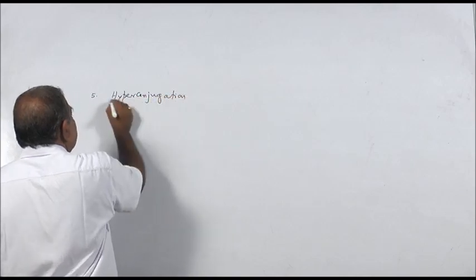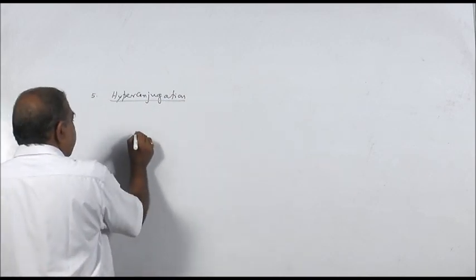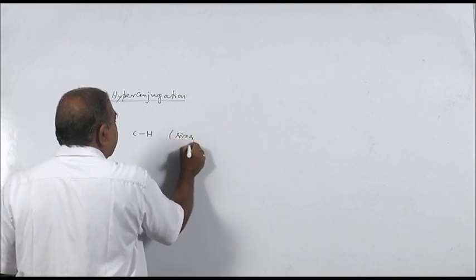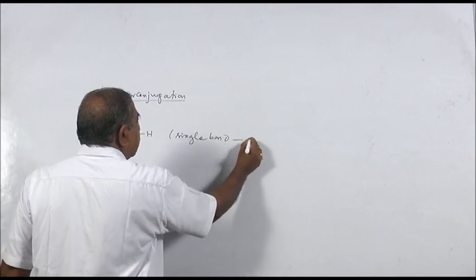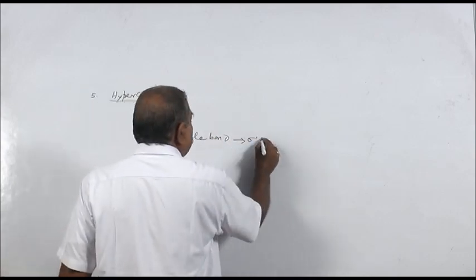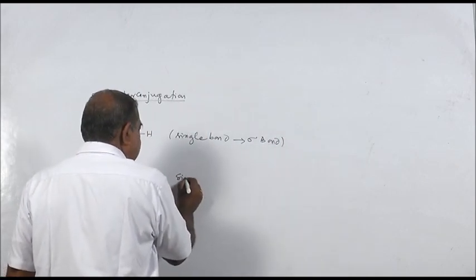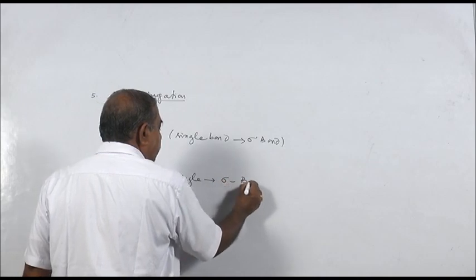This is extension of resonance. If there is a say carbon hydrogen single bond, it is called sigma bond. Remember, all single bonds are sigma bonds.